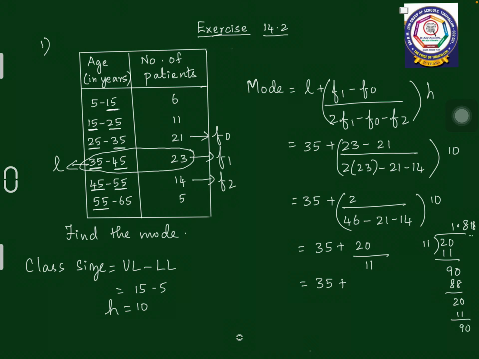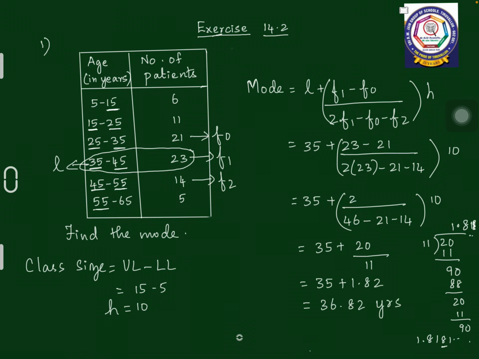So I take only up to 2 decimal places. I take 1.81 and the next digit is greater than 5, so I take it as 1.82. So I get 36.82. What is the mode age they asked? Mode age, so 36.82 years.